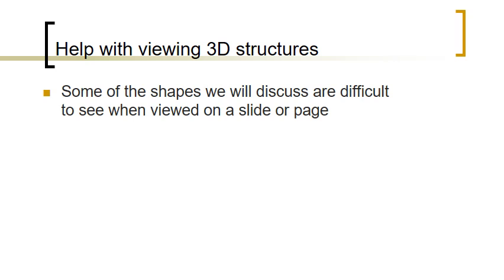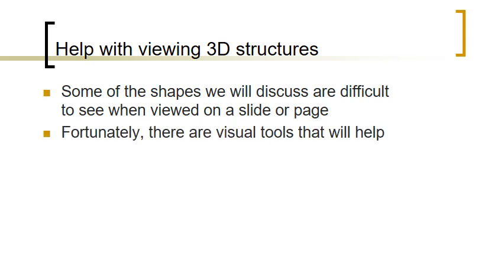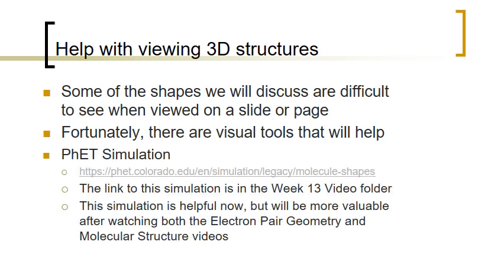One of the challenging aspects of finding electron pair geometries and structures is that these are three-dimensional objects, and we're viewing them on a two-dimensional page in a textbook or a two-dimensional computer screen. But there are some visual tools that will help. This is a good one, this PhET simulation.